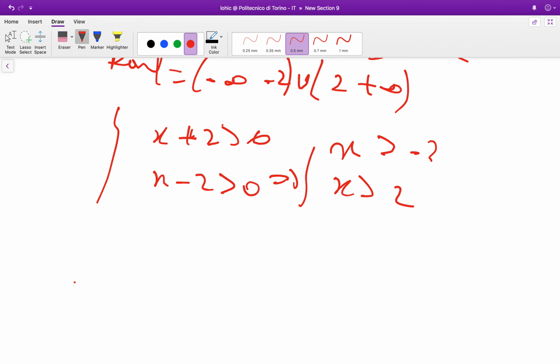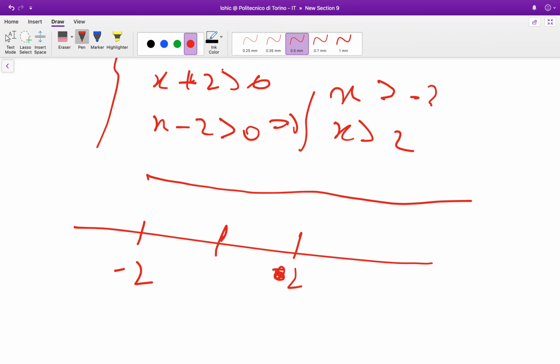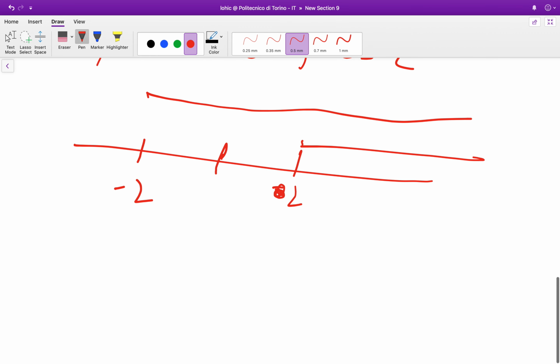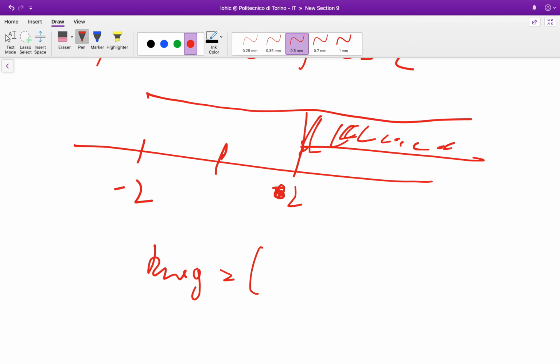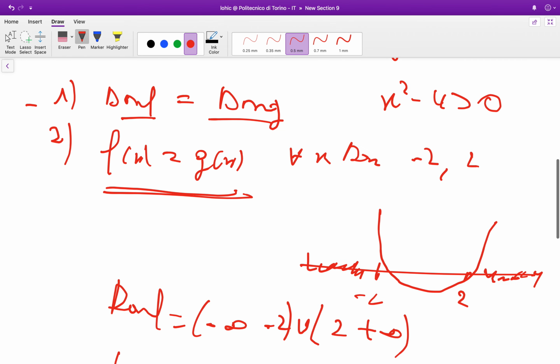One condition is saying x greater than minus 2, like this. The other is saying x greater than 2, like this, right? So the domain of g is this part where the two conditions meet. Yes or no? So it is from 2 to plus infinity. But this domain is not the same as the domain of f, right?